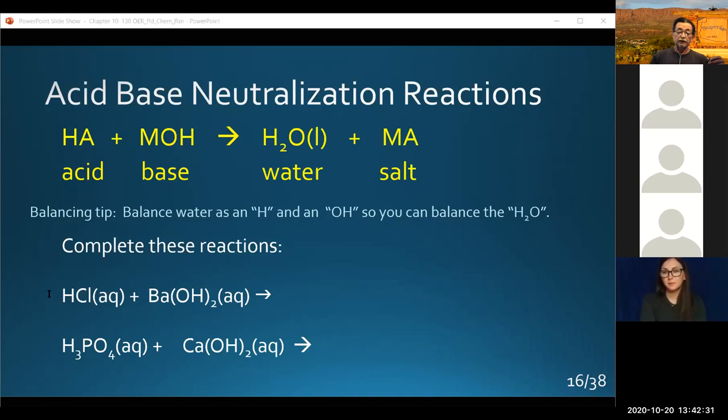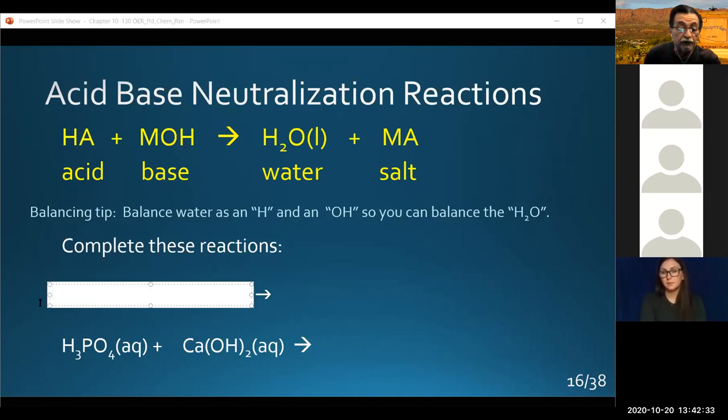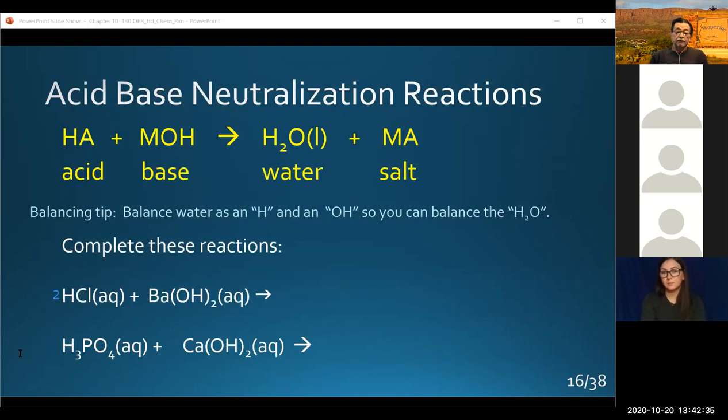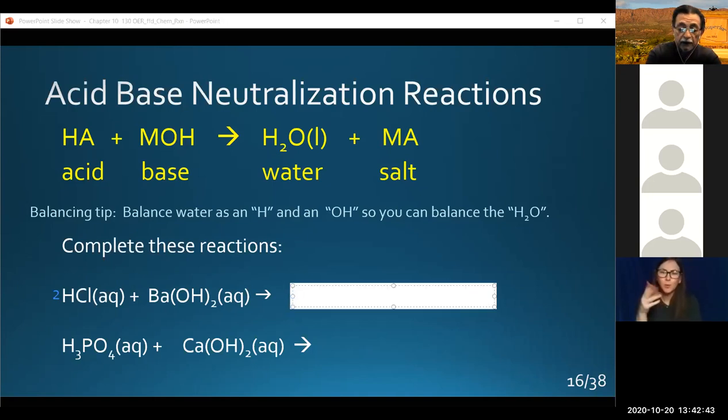Okay, everybody agreed that we need two hydroxides, right? Two protons to balance out the two hydroxides. So how much water would I get? How many molecules of water would I get if I have two protons and two hydroxides?